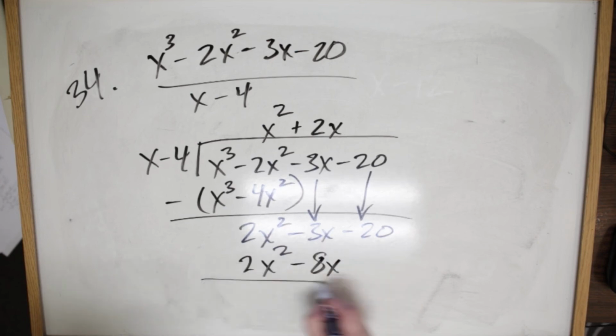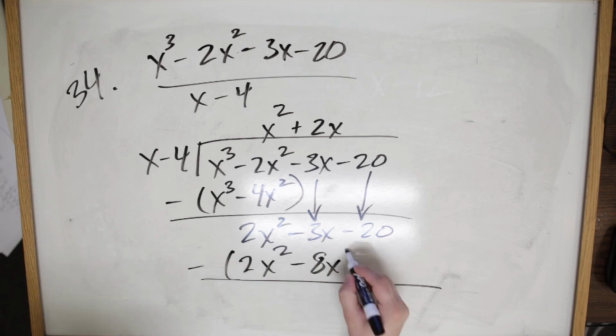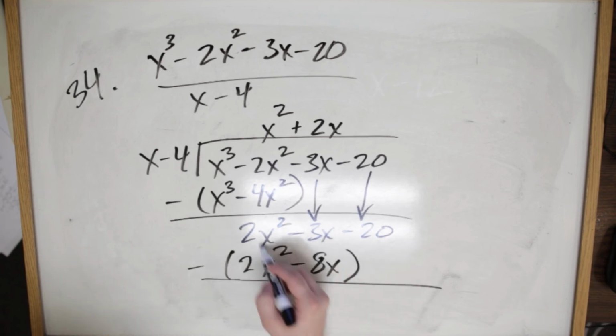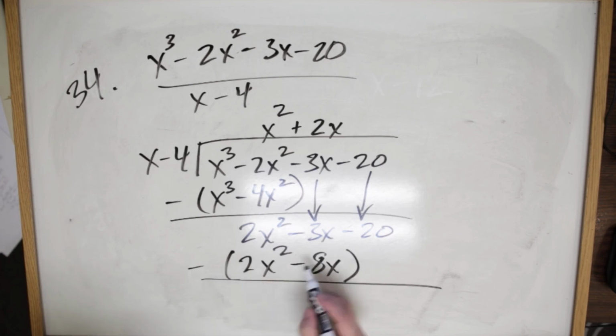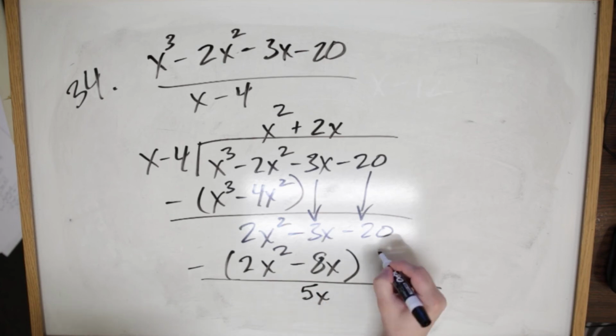And then I divide. Or I'm sorry, I subtract. And remember, these guys are going to cancel, the first terms. The second one, this becomes positive, so this means that I'm going to get a 5x, and now the 20 comes down again. Okay?